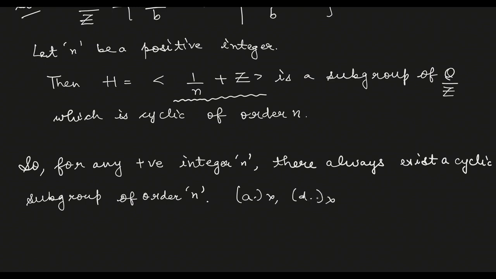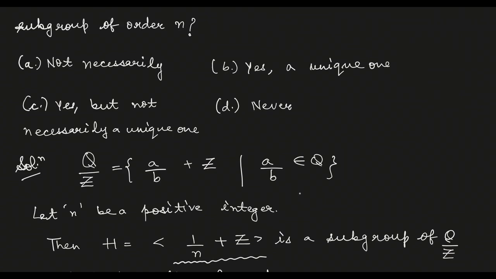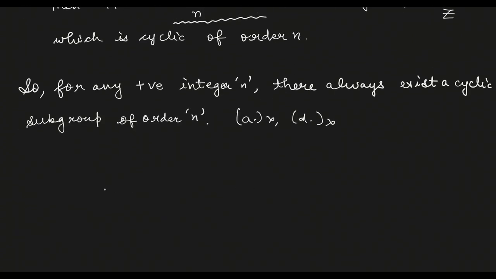Now I need to check whether this subgroup H is unique or not. So let H1 is equal to a by b plus Z be another cyclic subgroup of order n.